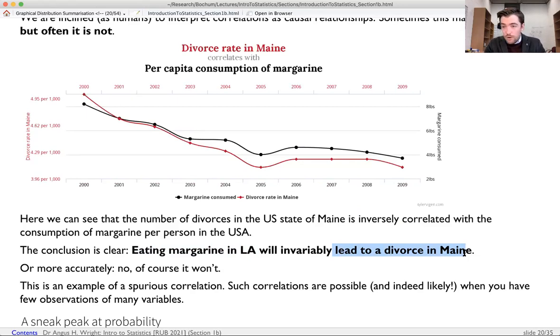And spurious correlations happen. And they don't just happen rarely. They happen with increasing frequency the smaller the number of observations you have and the greater the number of variables you measure for each of those observations. So let's take an example from this thing here.